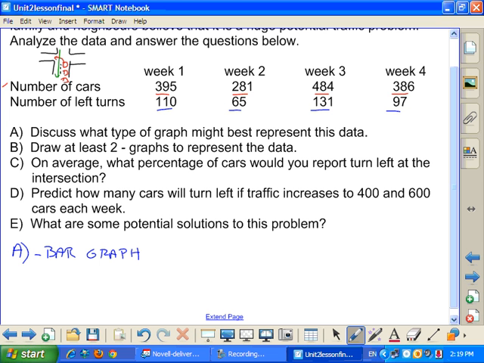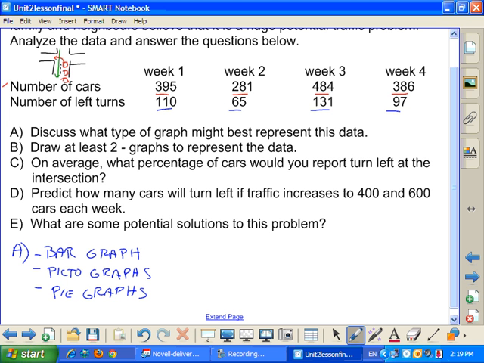We talked about bar graphs. We can use pictographs. And we can use pie graphs or circle graphs. So those are the options that are available to us based on what we've done in this course.